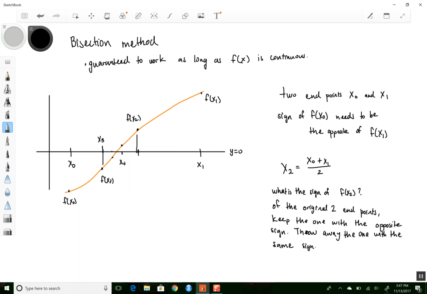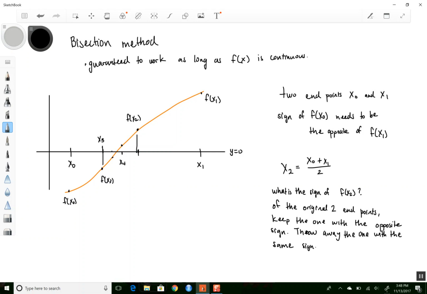No, but no y value is negative, but it's still... Oh, I see. If the zero is tangent, okay, you're right. It will fail in that circumstance because you won't find a location where you have things of the opposite sign. So in that circumstance, yes, it could fail.